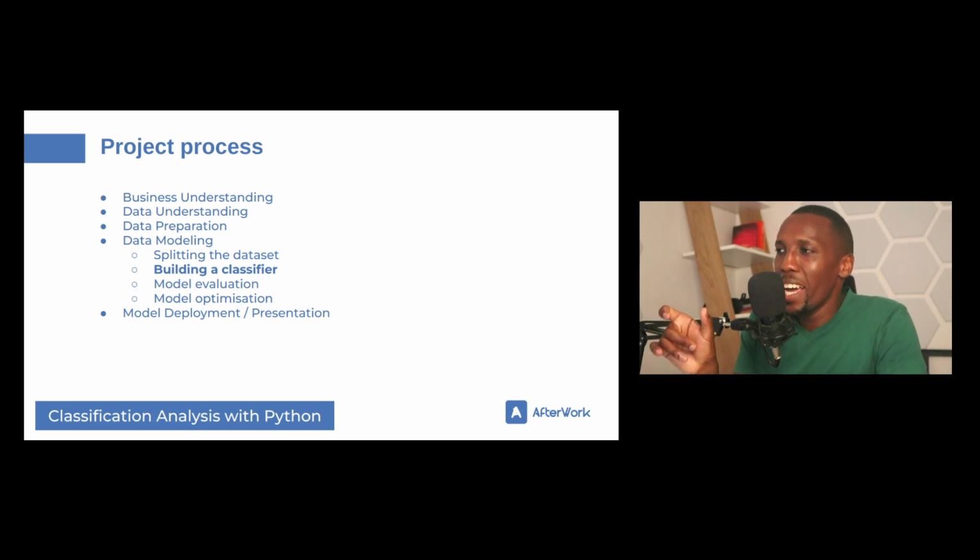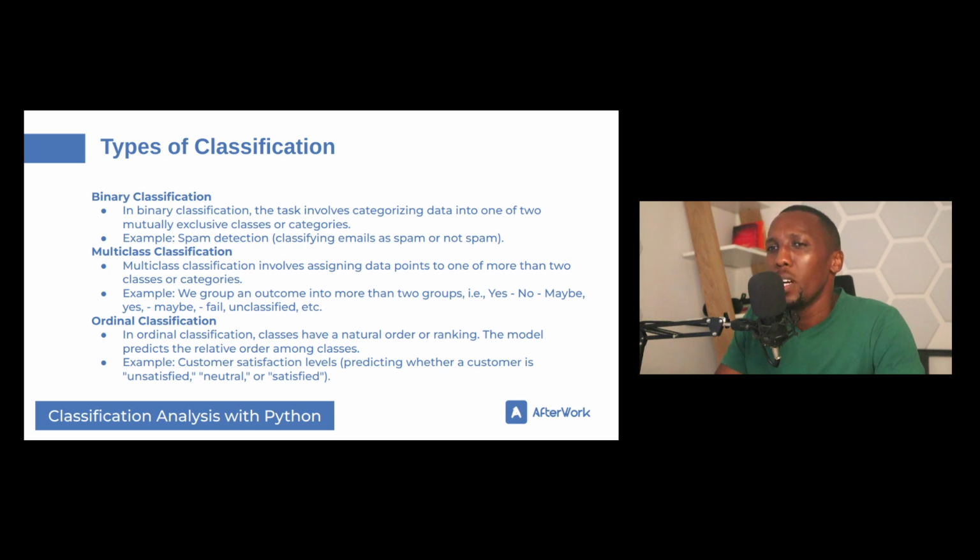We would apply classification methods during this stage of data modeling, where we split our data set, build a classifier, evaluate the model, and even optimize it and then deploy it, or present it to various stakeholders. Generally, that is where we can apply or build a classifier, and we'll get to see that.